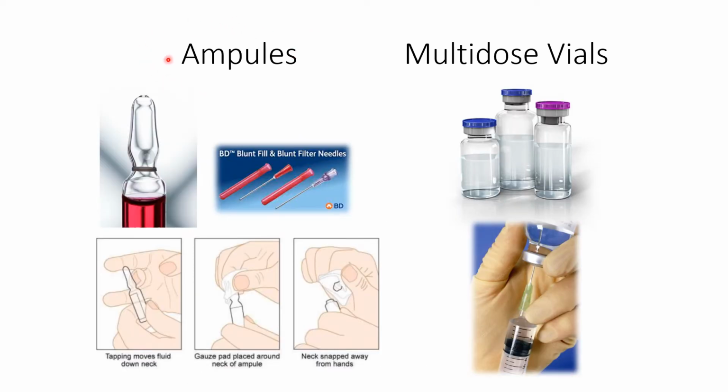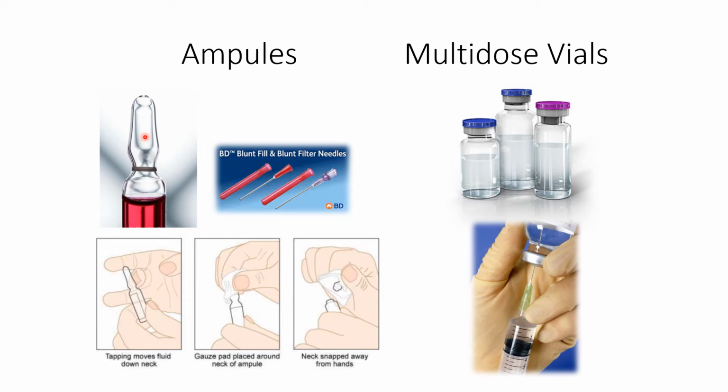Medication for parenteral administration can come in ampoules or in vials. Vials frequently are multi-dose. The ampoules are unidose, only one dose. The ampoule comes in a glass container that has a neck that can be broken by force. To break the neck, first we need to move any liquid that is in the head of the ampoule down, and then tap the head.